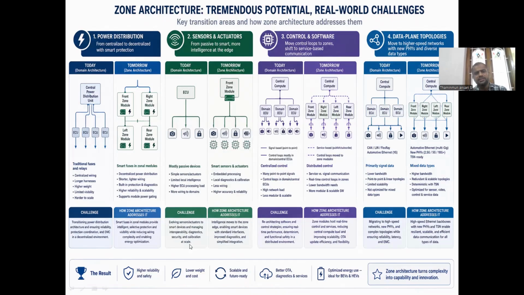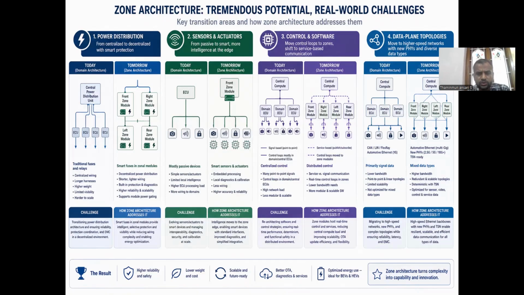That means when we have a new type of sensor, it cannot be interfaced with our traditional domain architectures. We cannot make it optimized, and we cannot connect it directly with the centralized ECU. The traditional sensors and actuators lack in these areas.